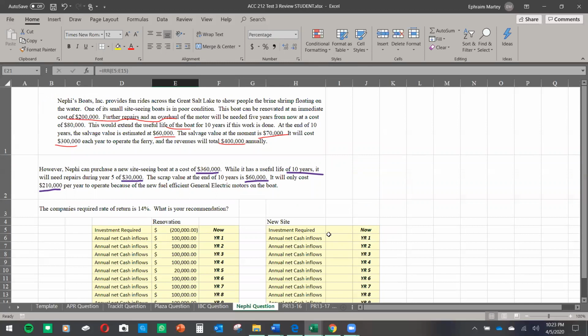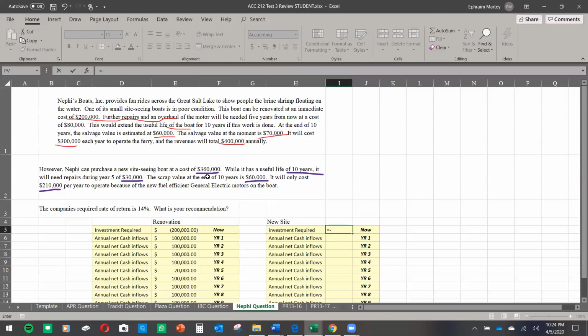If we keep the new site, what is it going to do? If we decide to get rid of the old site, it says we have a salvage value of 70,000 at the moment. So if we get rid of it, we have 70,000 of cash coming to us. But we will have to spend 360,000 to buy the new site.